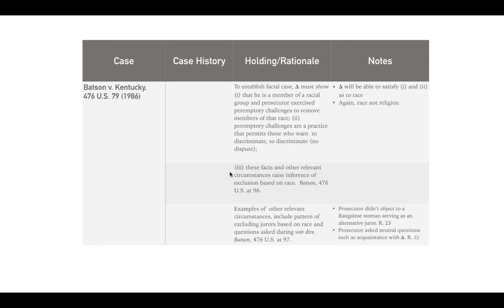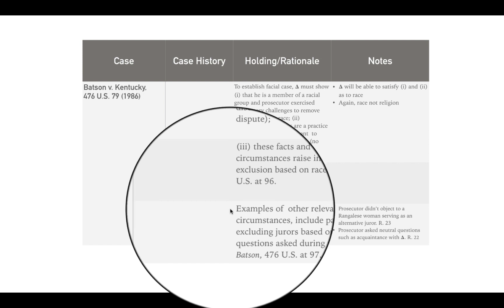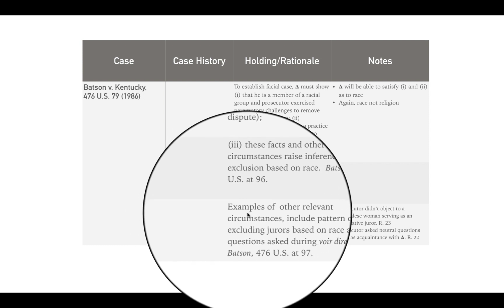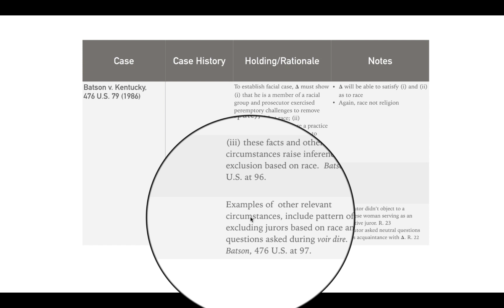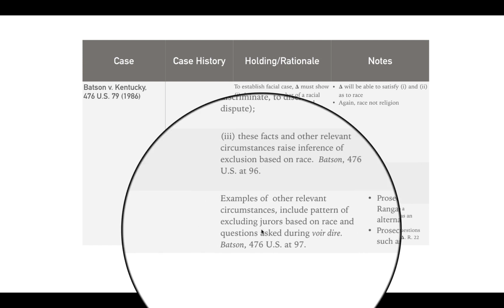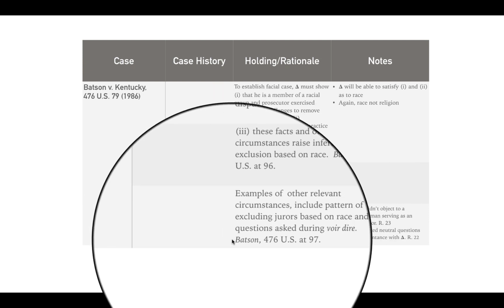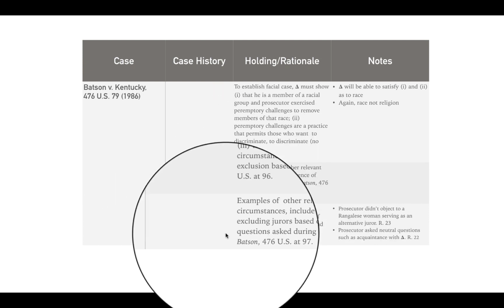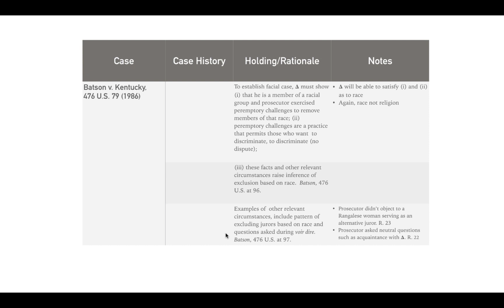And finally, a prima facie case requires showing that facts and other circumstances raise an inference of exclusion based on race. And now the student continues her research because she wants to see what are examples of other relevant circumstances, and she sees that can include a pattern of excluding jurors based on race, and also we can look at the questions that were asked during voir dire.